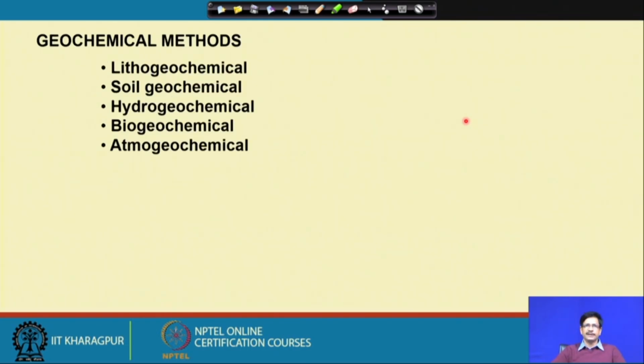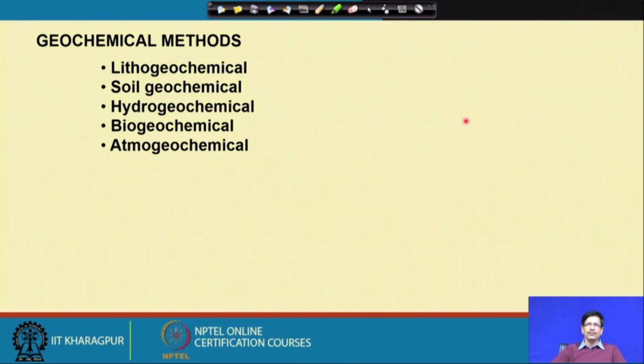The geochemical methods, based on what material we are using, could be lithogeochemical, where we use rocks as our samples for analysis. It could be soil geochemical, or pedogeochemical survey, where we use soil as the material for analysis.